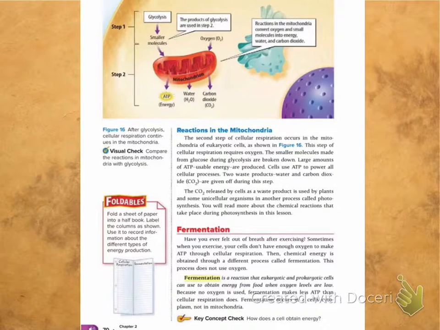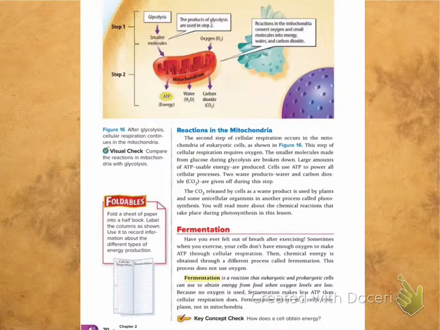Reactions in the mitochondria. The second step of cellular respiration occurs in the mitochondria of eukaryotic cells, as shown in Figure 16. This step of cellular respiration requires oxygen. The smaller molecules made from glucose during glycolysis are broken down. Large amounts of ATP, usable energy, are produced. Cells use ATP to power all cellular processes.